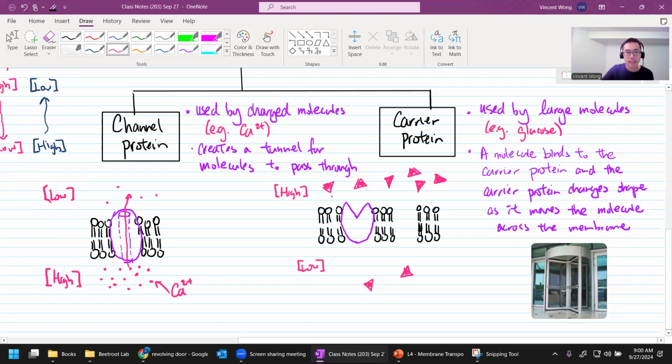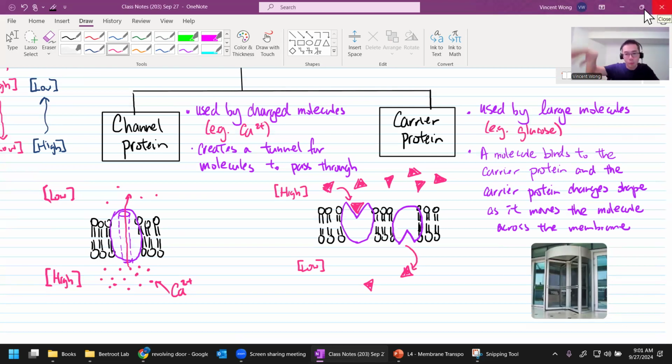All right, so what happens is, I can't really show you this virtually, but try to visualize it with me, okay? This triangle is going to bind to the protein, and then it's going to cause the protein to shift, to change its shape. After it changes its shape, then it will be facing inside, and then it will spit it out.